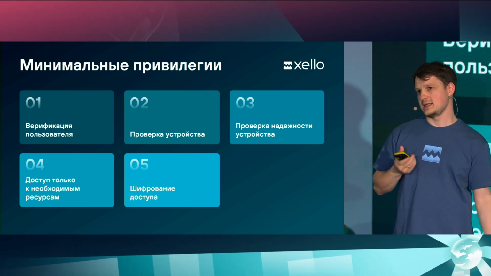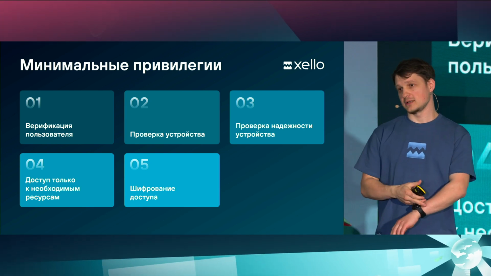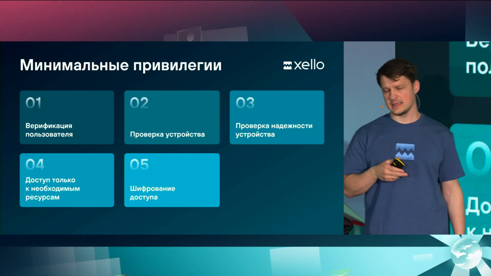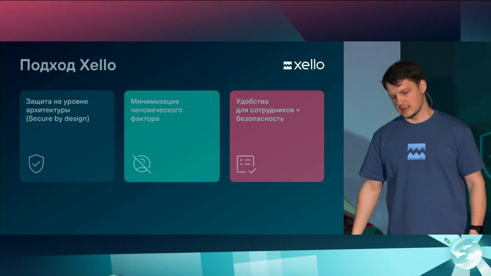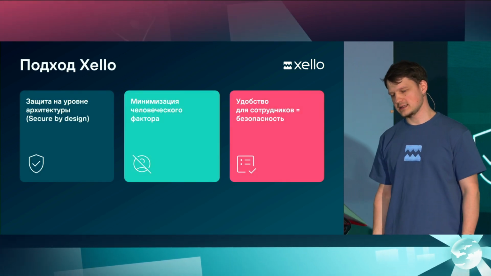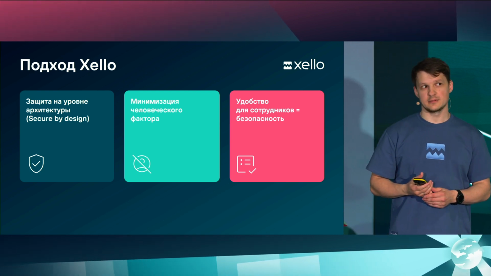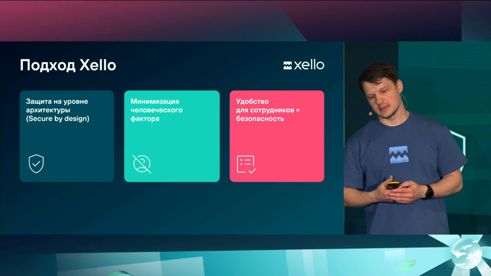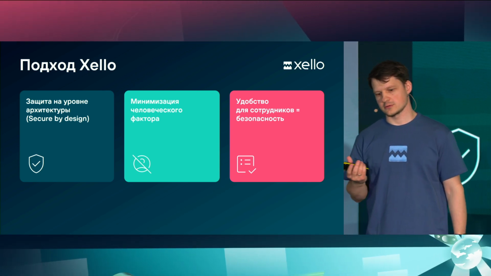All devices are checked for their legitimacy. Even legitimate devices are checked for hidden threats. Access is only to the minimum set of resources, and all traffic is encrypted. These are the common areas of the zero trust concept, and I will explain how we organize this approach.